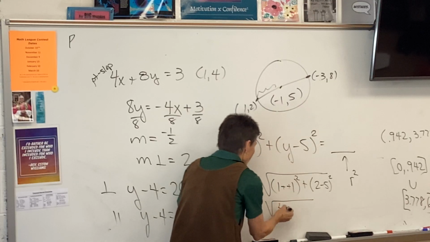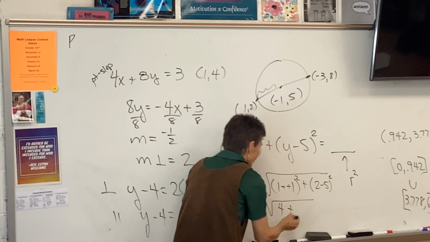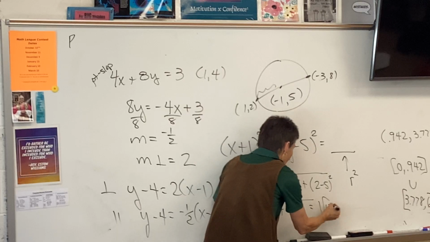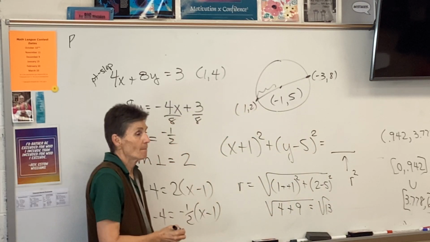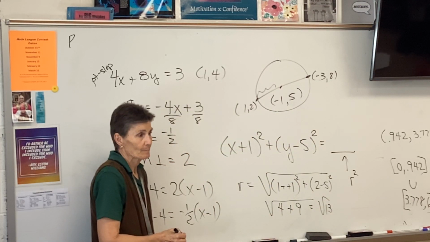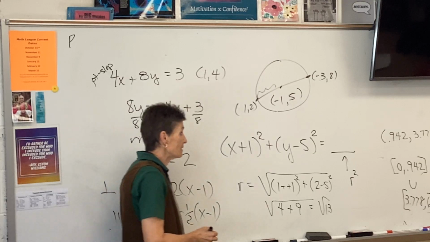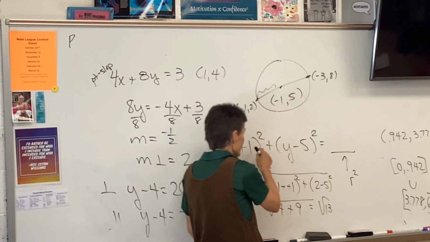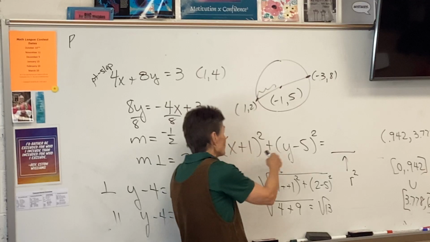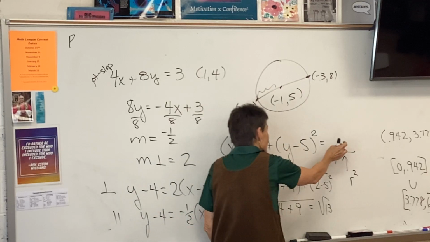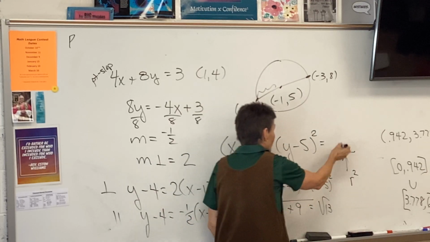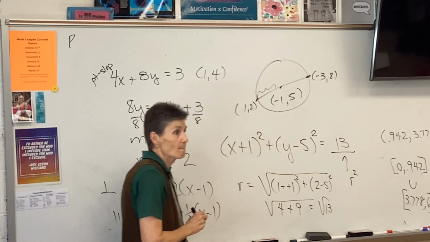That's 2 squared, 4. I got root 13, did you? And in the equation, just like you have an x squared parentheses, you have a y squared parentheses. This is r squared, so that would be 13.